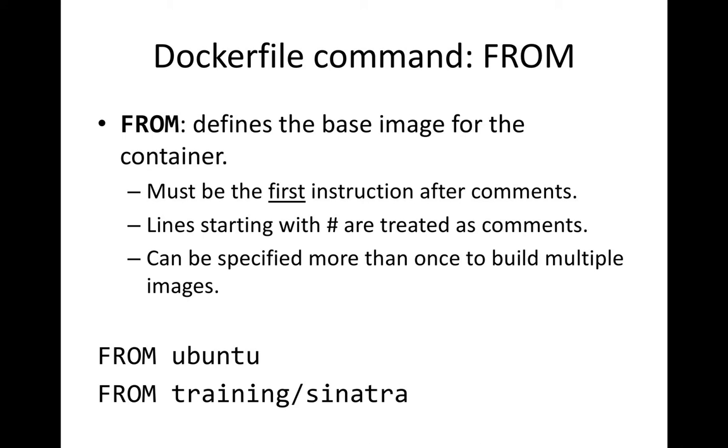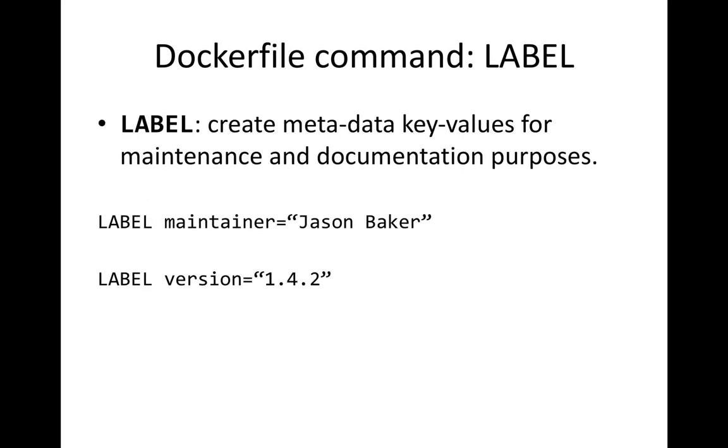But the first command within a Dockerfile must be the FROM command. And the FROM command defines the base image that Docker will use when building out the new container image. You saw that I used FROM ubuntu, which is using one of the official images from the Docker repo. And so I need to specify a base image using that FROM command.